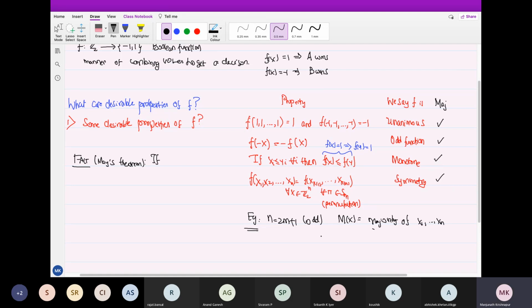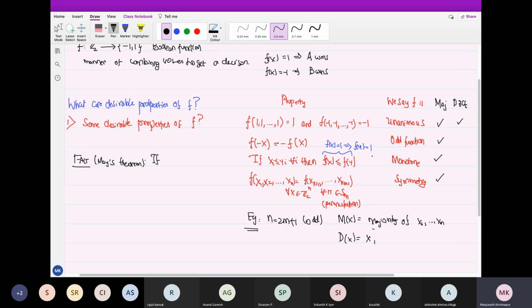What other function might you want to take? Something like the dictator function. Does it have unanimity? If everyone votes plus one, then the dictator also is voting plus one. If everyone agrees with the dictator, the decision goes that way.